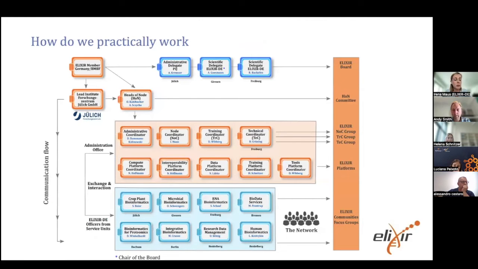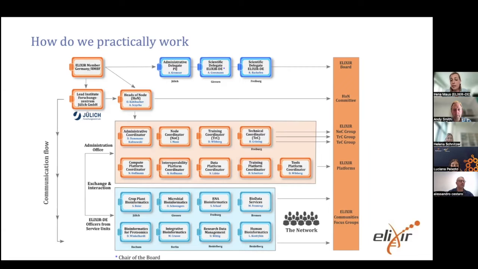Next. How do we practically work? I'm not going to spend much time explaining our complex organization. Let me briefly summarize that the node revolves around ELIXIR communities shown on the right side of this picture, being the ELIXIR board, the head of node committee, and groups like node coordinators, training coordinators, technical coordinators. I guess the names were already mentioned by Andy.